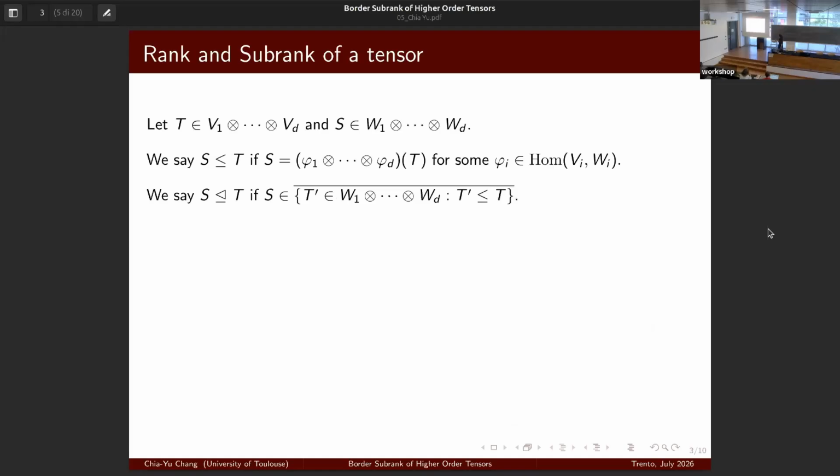Now, for comparing, we use restriction and degeneration. It's the same as we heard in previous talks.